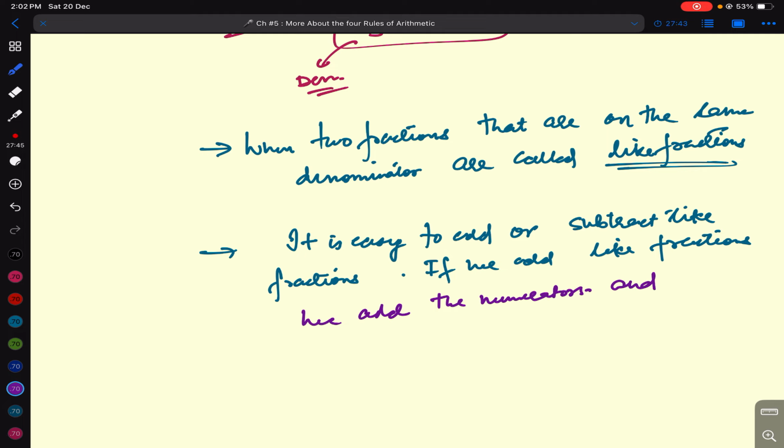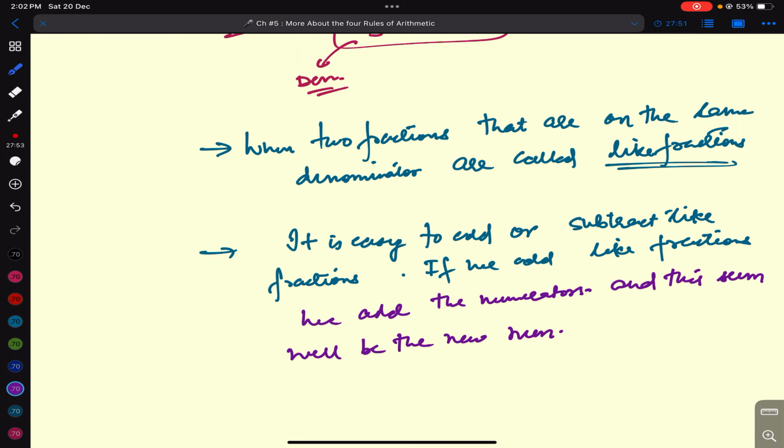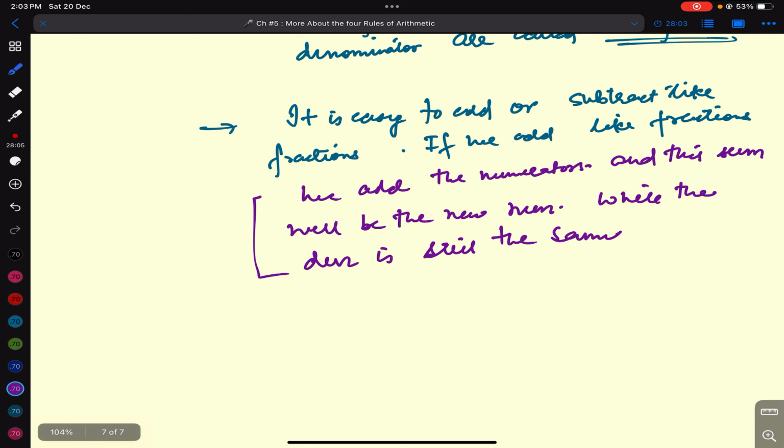This sum will be the new numerator, while the denominator is still the same. What do I mean by this?